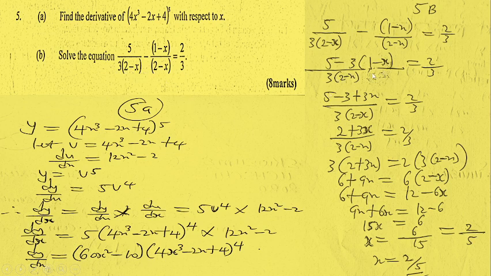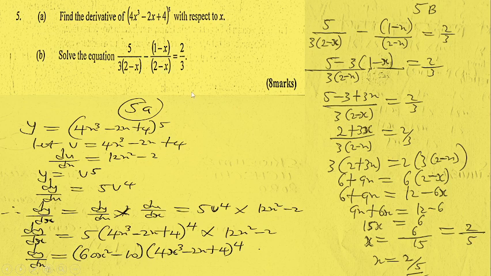You find the LCM of the left hand side first, which is 3 into 2 minus x. Find the LCM, which is that. Then this in this will give us 1, and 1 times 5 will give us 5.